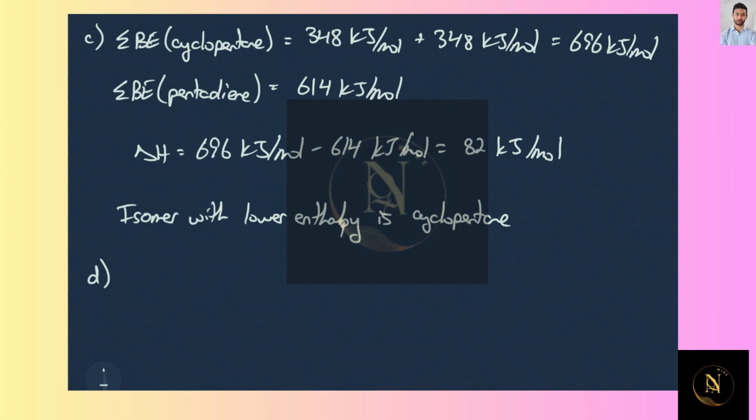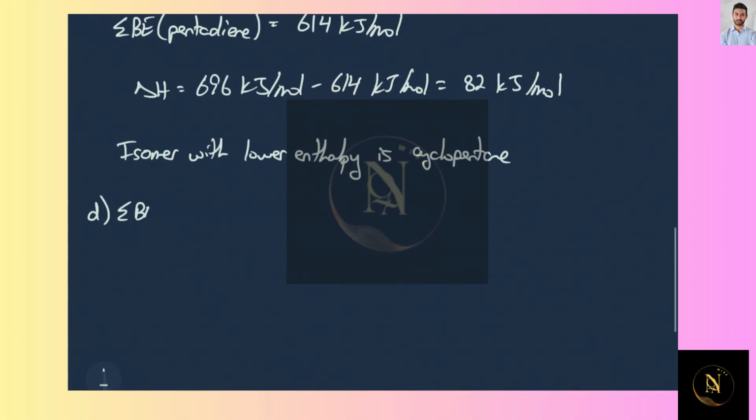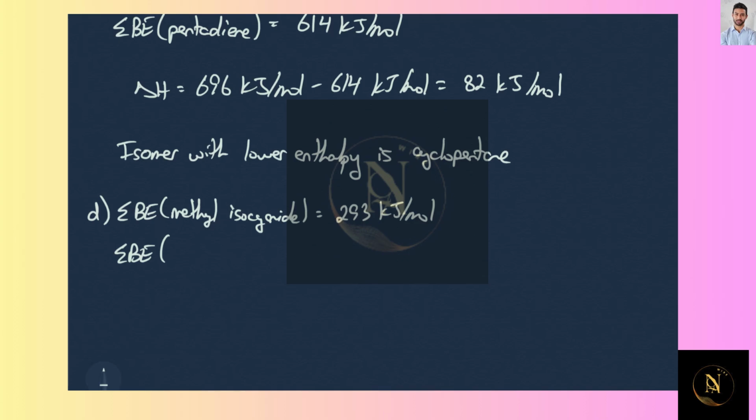And lastly, for D, we have our gas phase isomerization with methyl isocyanide and acetonitrile. So the sum of the bond energy for methyl isocyanide, we are going to break a CN bond, which has an enthalpy of 293 kilojoules per mole, and we're going to form acetonitrile.